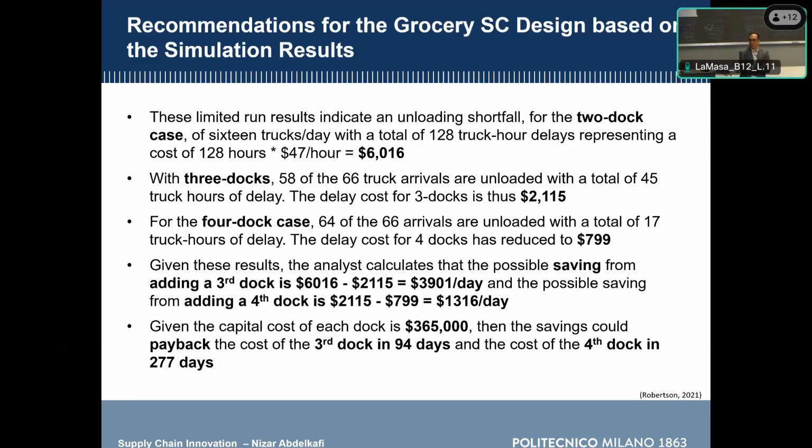A dock will last for sure more than 1 year, perhaps for more than 10 years. And this way, perhaps you have to make simulations for 5, 6, 7, 8 docks. Of course, here we need the probability distributions, but this is what you can do in order to identify the optimal number of docks.